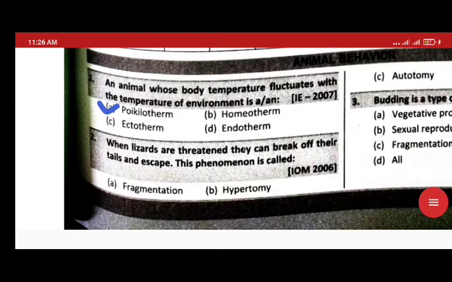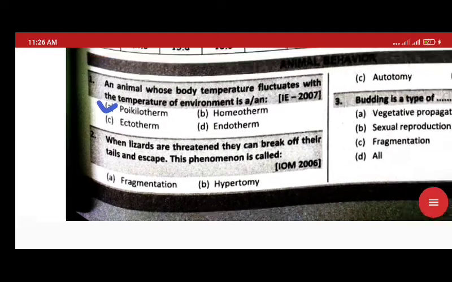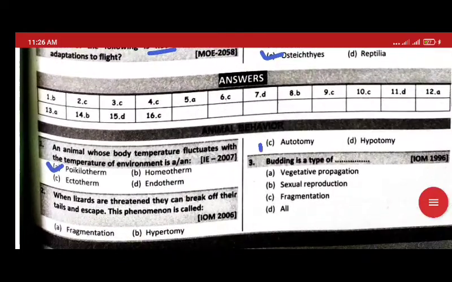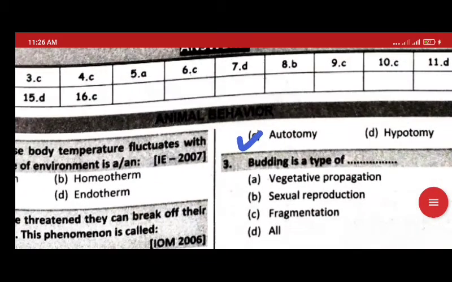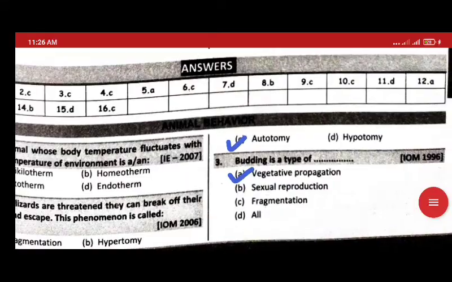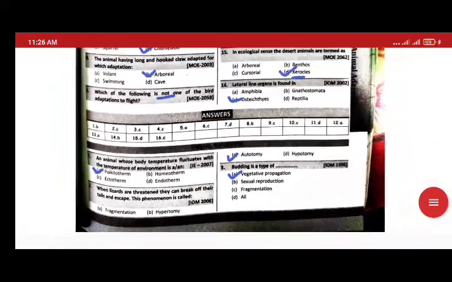This phenomenon is called autotomy, because you make a partition of your body. Now number 3: budding is an example of vegetative propagation or vegetative reproduction.